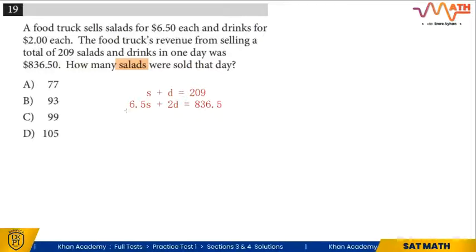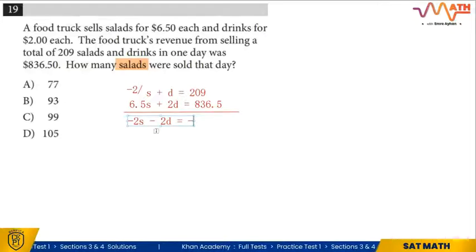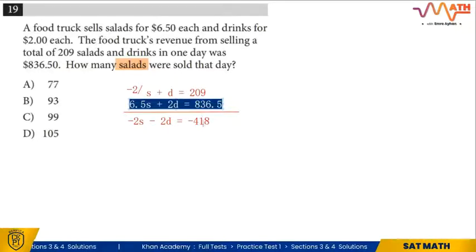So here, solve this. Let's multiply the first one by negative 2 to eliminate P. So the first one will be negative 2S equal to negative 58, and the second one will stay.